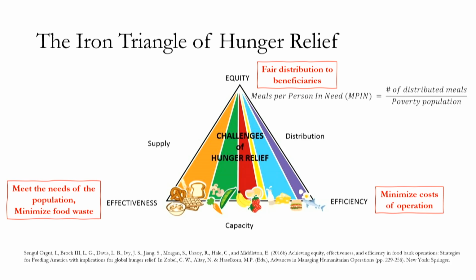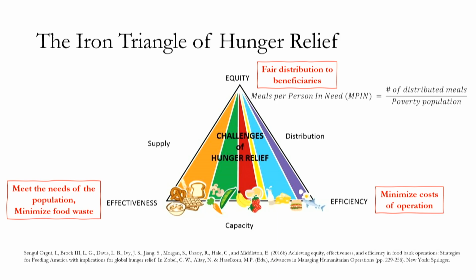And we have efficiency, which is a cost-related metric. Even though food banks are nonprofits, they do want to minimize the cost of their operations so that they can use their limited budget to better serve their beneficiaries. These three objectives form the iron triangle of hunger relief, and they actually create trade-offs with one another.